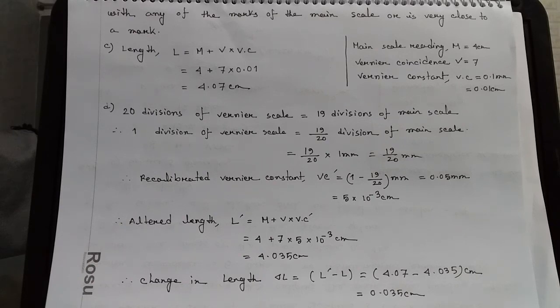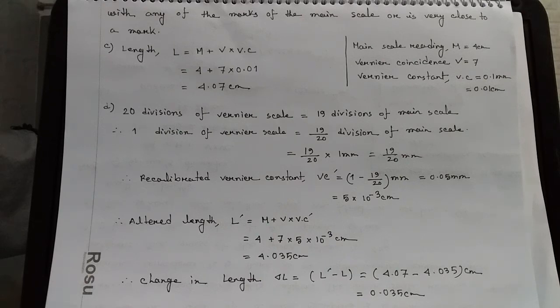The altered length L prime is, as before, M plus V into VC, where this is the altered or recalibrated Vernier constant, which we write as VC prime. After putting in the values, we get the altered length 4.035 centimeter. So as the scale is recalibrated, the length of the bar is changed and the new length is 4.035 centimeter.